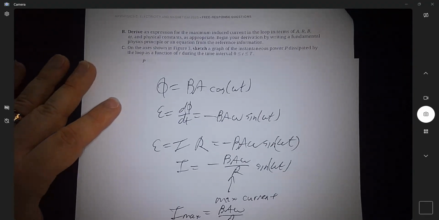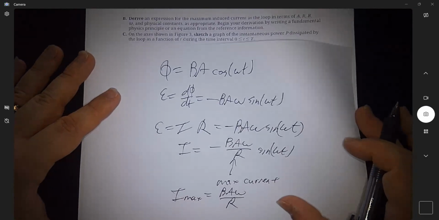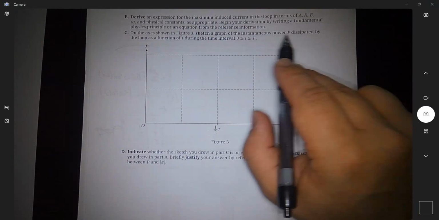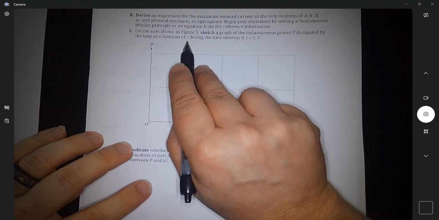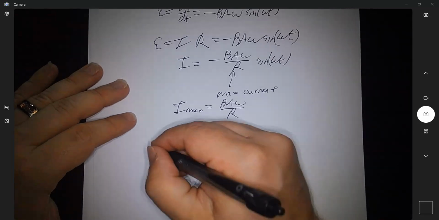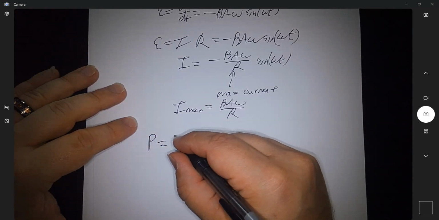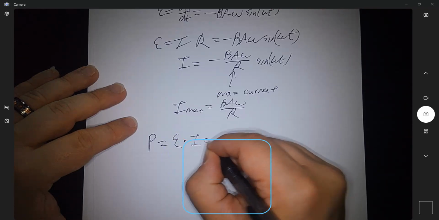On the axes shown, sketch a graph of the instantaneous power dissipated by the loop as a function of t from 0 to T. Okay, so here's what I'm going to say. Power is voltage times current.